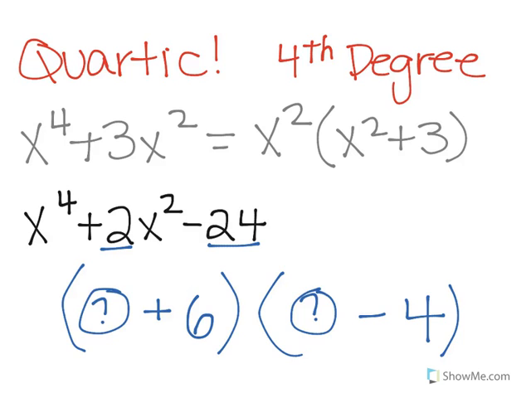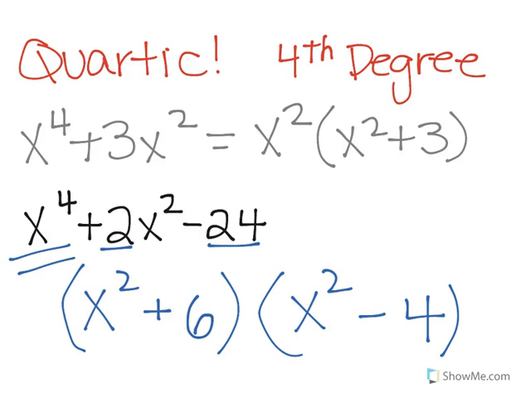What do you think goes there so that my first term is x to the 4th? All right, did you think that it'd be x squared? Well, it is. So the short method is the same way that we did short method with quadratics, but now it's just a quartic. So you take x squared times x squared, and you're going to get x to the 4th. And then when you add x squared times that negative 4 and then x squared times 6, you're going to get 2x to the 2nd.